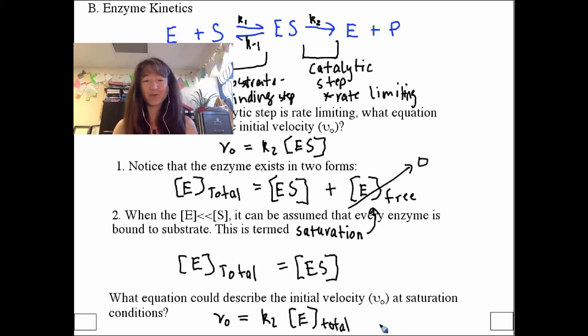So hopefully this simplification helps, but please do recognize that this is only at saturation conditions when we have swamped the reaction with excess substrate, so that we can then understand the initial velocity to be a function only of the enzyme concentration. Let's take a moment to look at this in the form of a graph, and obviously that visual says 1,000 words.